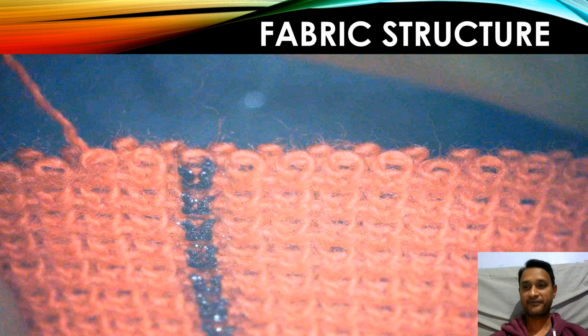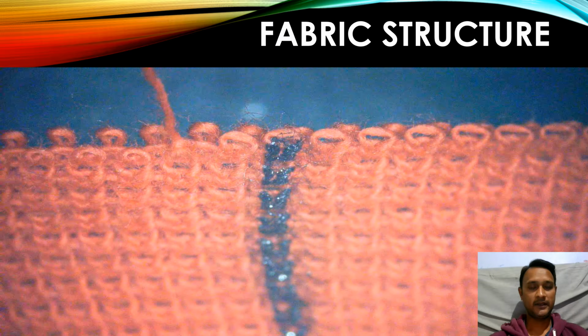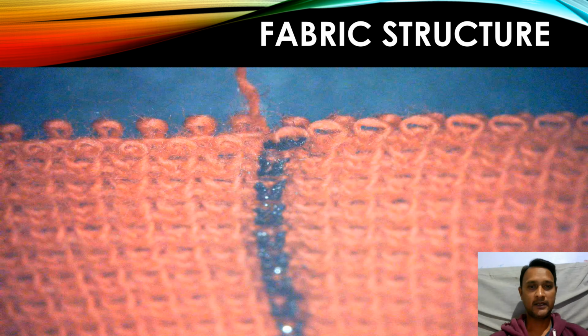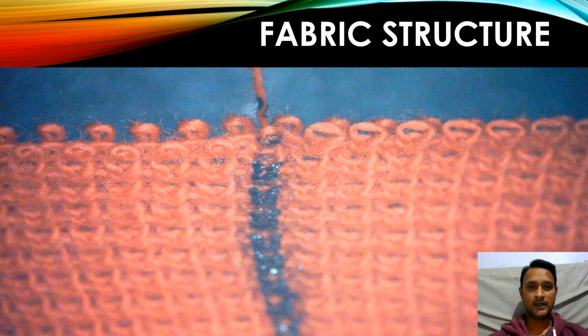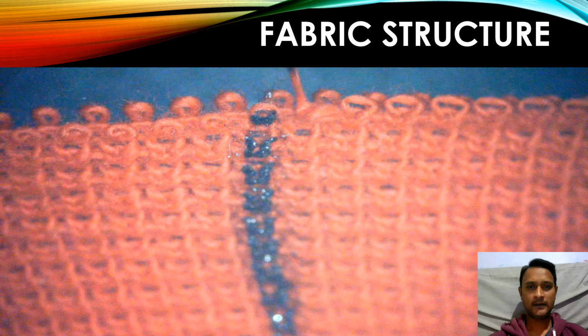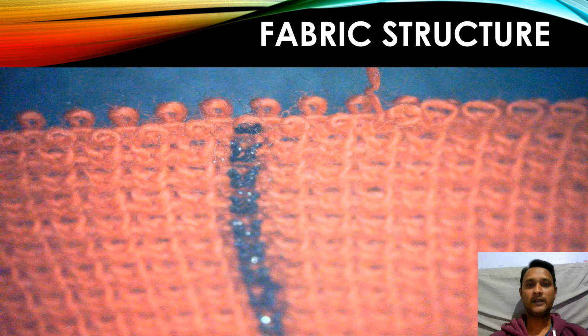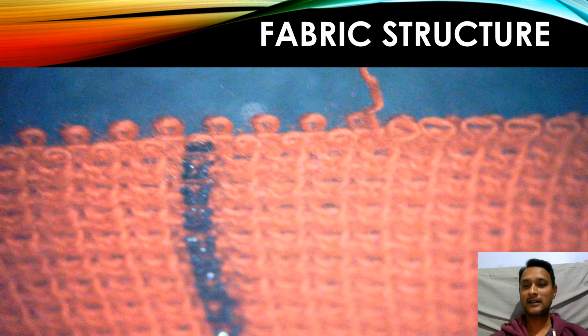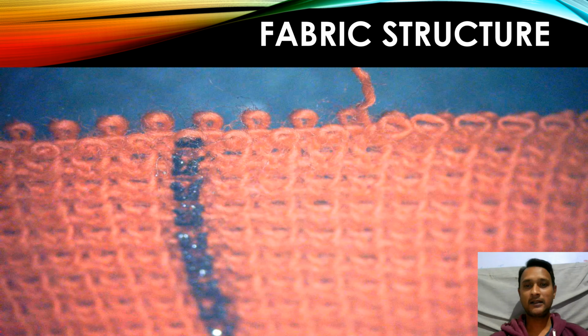Now let's move on to course number 3. After that vertical line, the yarn is getting knitted only in the cylinder. The yarn is not traveling to the back loop, that is the dial side.